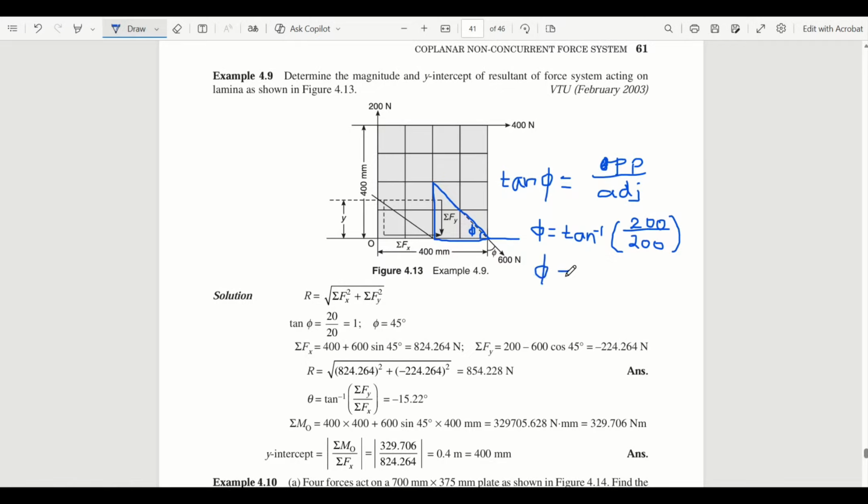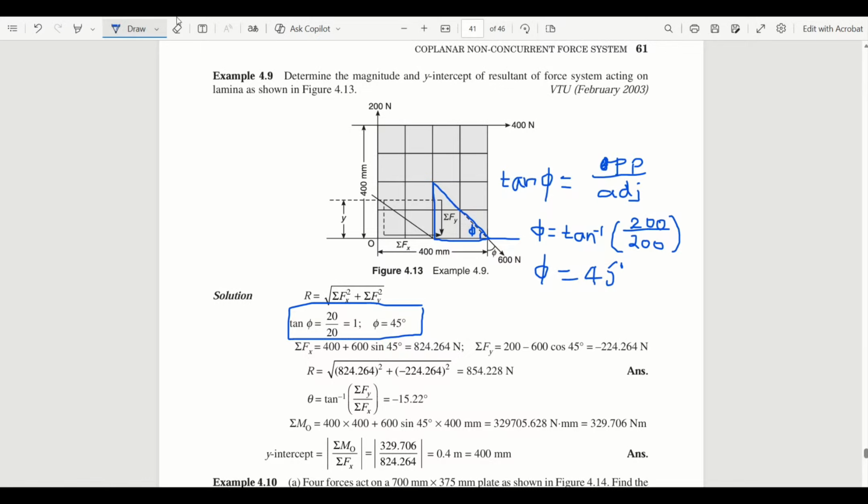What is tan inverse of 1? 45 degrees, correct? So the first step is done, we know this unknown, that is 45 degrees.